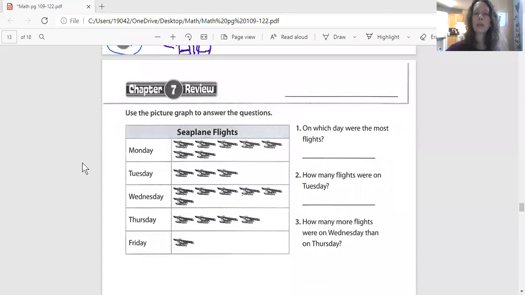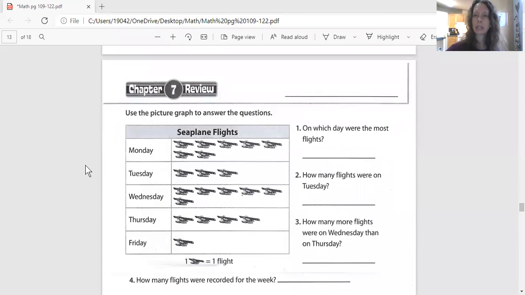But let me show you the page here that we're working on today. There it is right there. Okay, it's this one. And yesterday we used it as a study guide, but today we're actually going to use it for the test. So again, if you don't have this paper, write it on a piece of paper. If you do, that's great. Put your name and date, and then also put the word test up here.